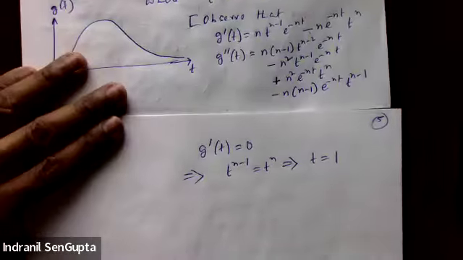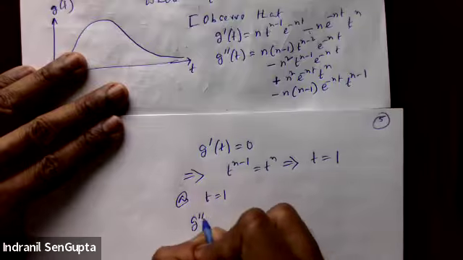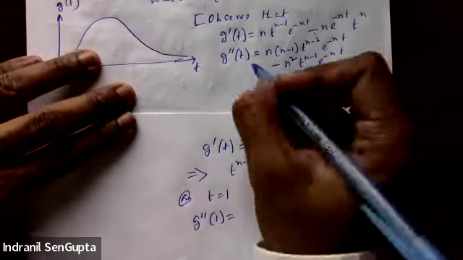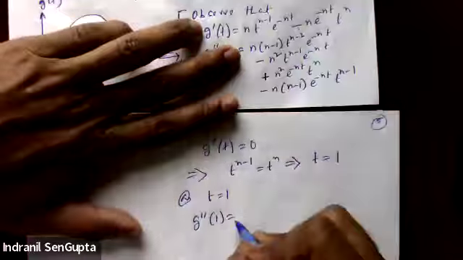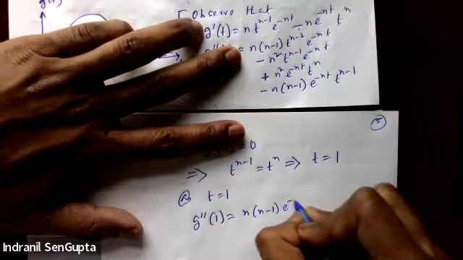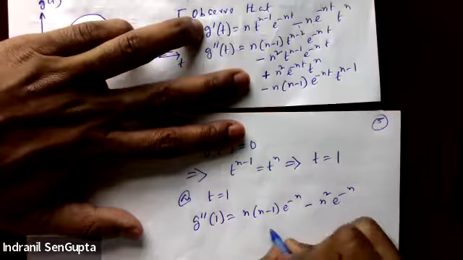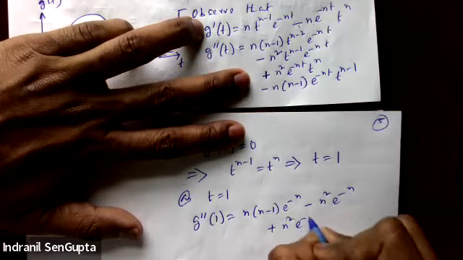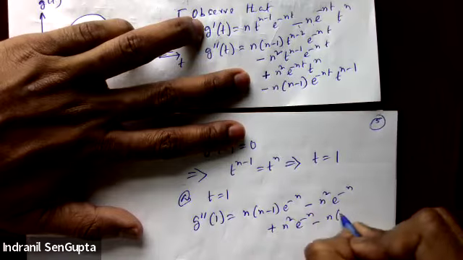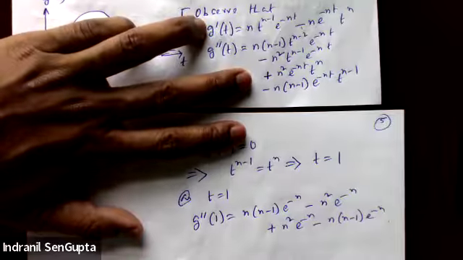And at the point t equals 1, G double prime of 1, so that means the second derivative, if I just plug in t equals 1, it becomes n minus 1 e to the minus n, minus n squared e to the minus n, plus n squared e to the minus n, minus n minus 1 e to the minus n.